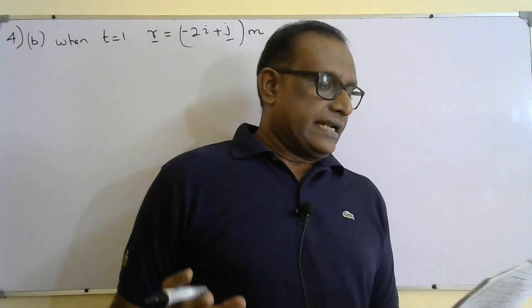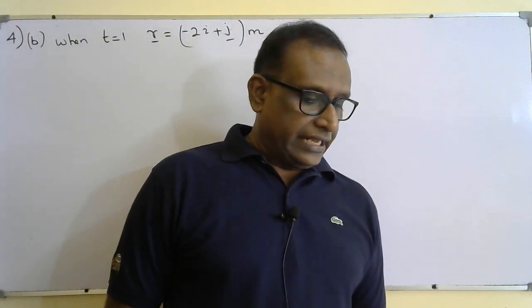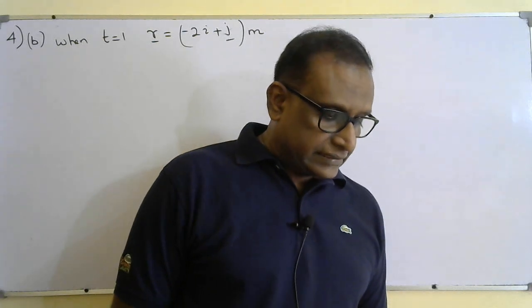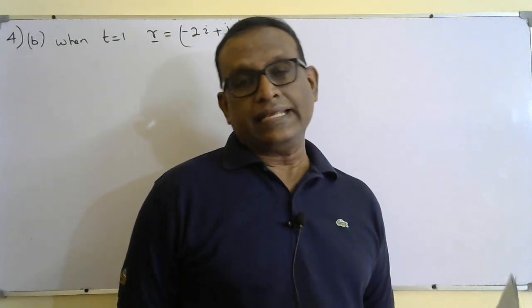Given that t is less than capital T, greater than 1 and less than 5, find in terms of capital T the position vector of P when t equals capital T.